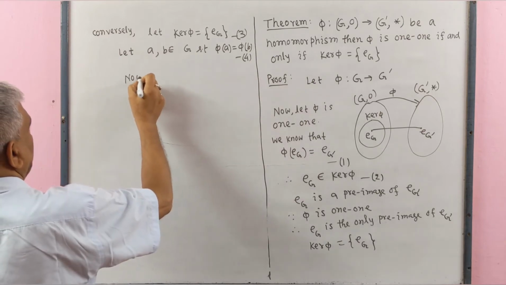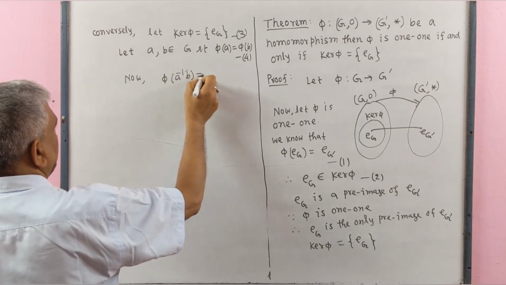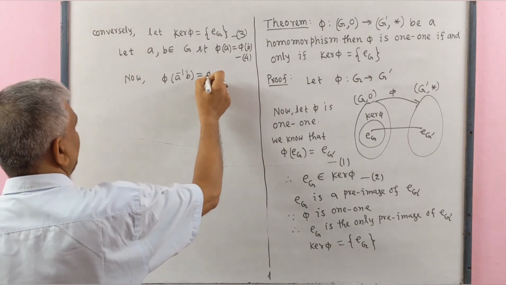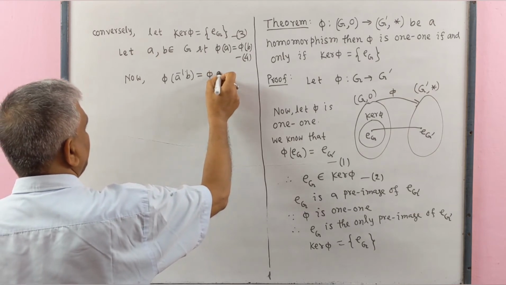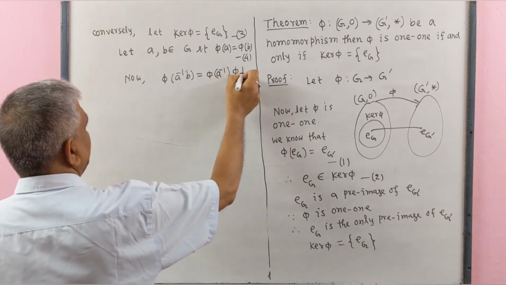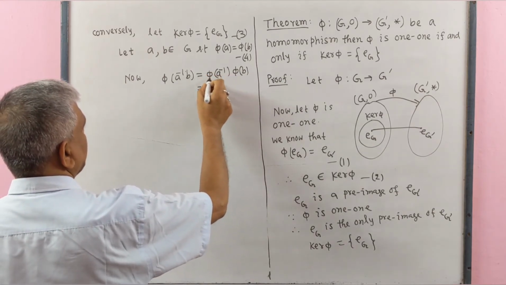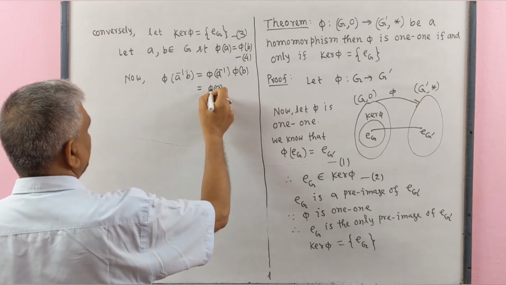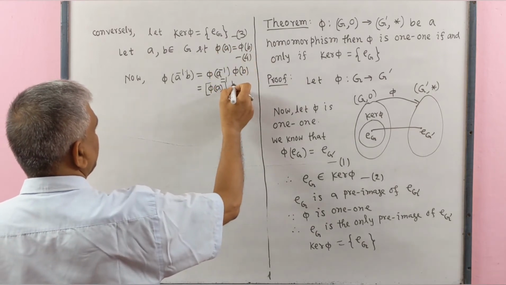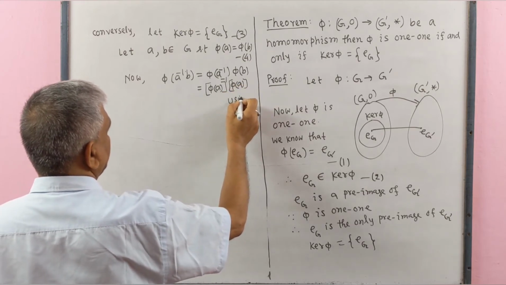Now, phi of A inverse B, since phi is a homomorphism, equals phi of A inverse times phi of B, and since phi is a homomorphism, this equals phi A whole inverse times phi B, and phi B equals phi A, that is here phi A, using 4.